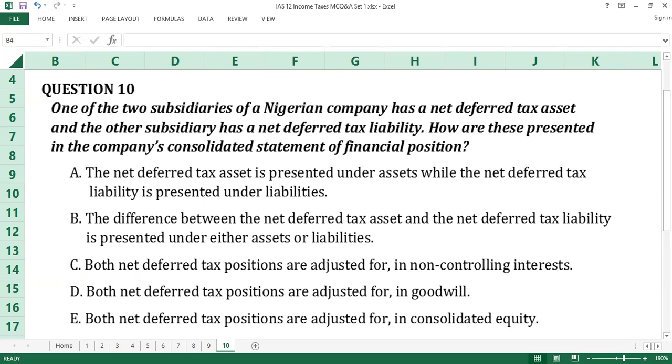B, the difference between the net deferred tax assets and the net deferred tax liability is presented under either assets or liabilities. C, both net deferred tax positions are adjusted for in non-controlling interest. D, both net deferred tax positions are adjusted for in goodwill. E, both net deferred tax positions are adjusted for in consolidated equity.